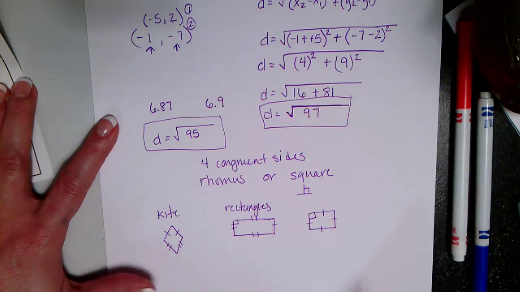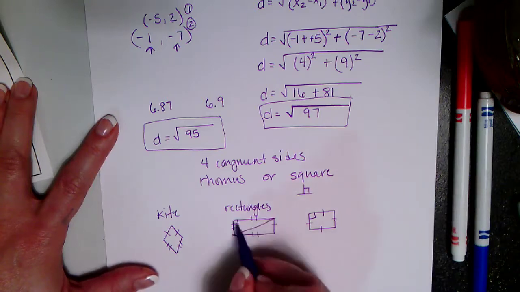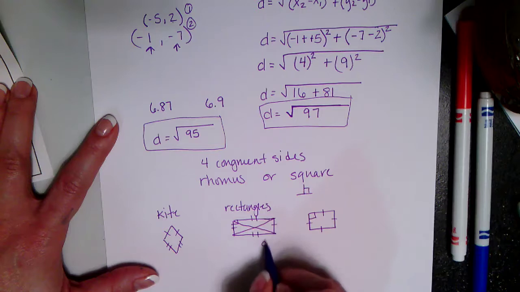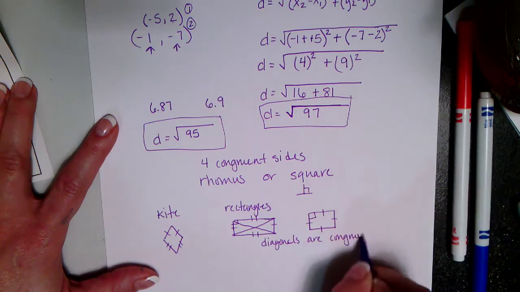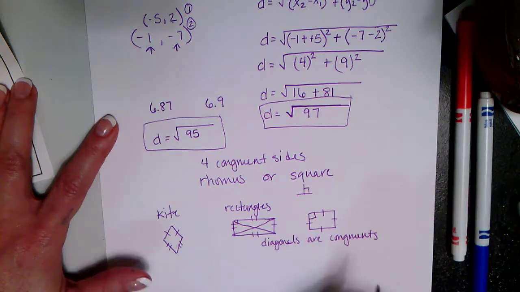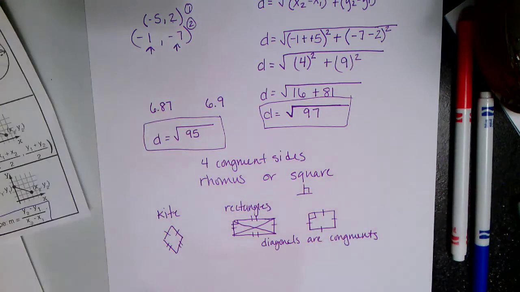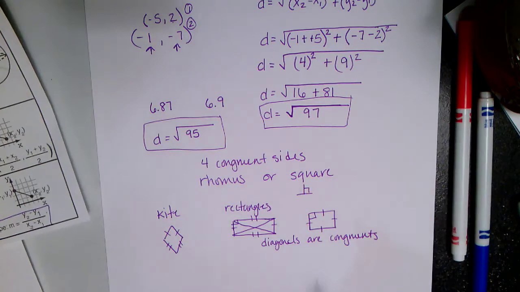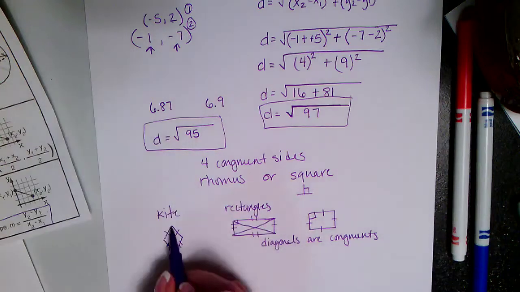Some other characteristics: parallelograms have diagonals that are congruent. So, especially for our work sample that we're doing, if you wanted to prove it a second way, parallelograms all have diagonals that are congruent. And let's see. We were talking about kites.